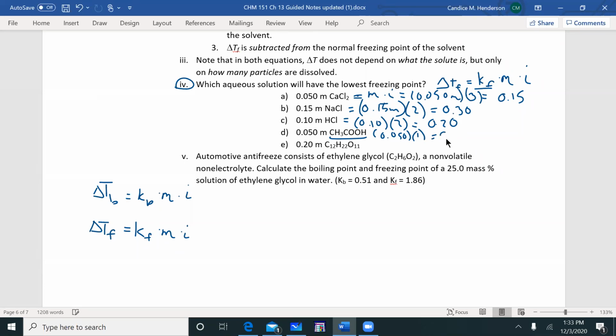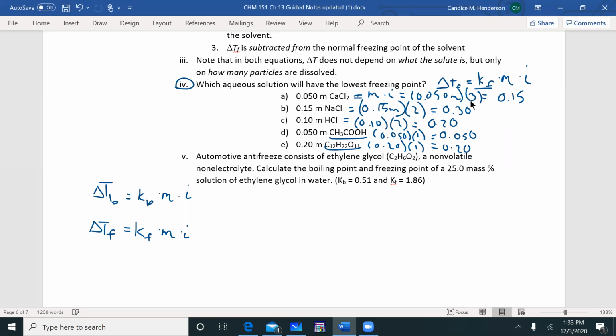So my ending number here is 0.050. Same thing with this one here. This is also a non-electrolyte solution, so my molality value of 0.20 is just going to be multiplied by a factor of 1, just 1 molecule.